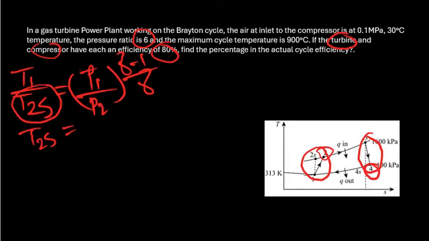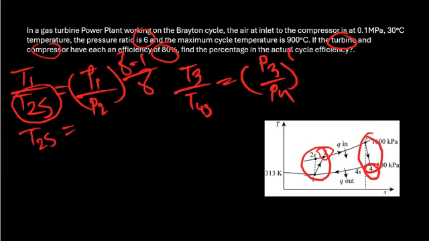Another is that we also have to find T4S. T3 divided by T4S equals P3 over P4 to the power of gamma minus 1 over gamma. From here we will easily get T4S.